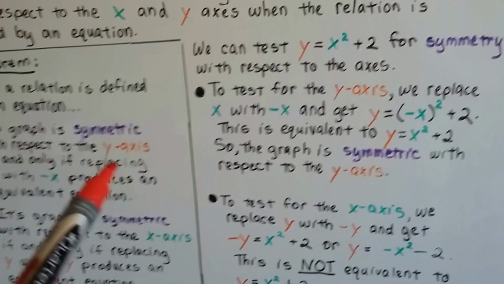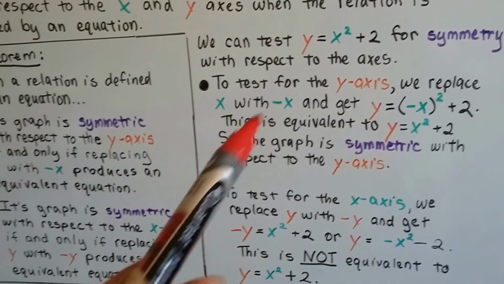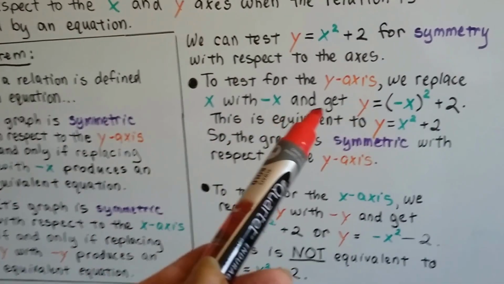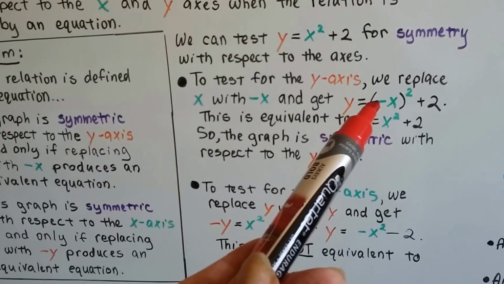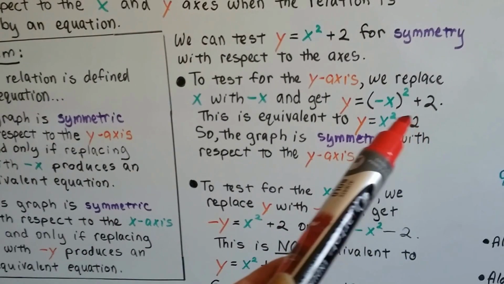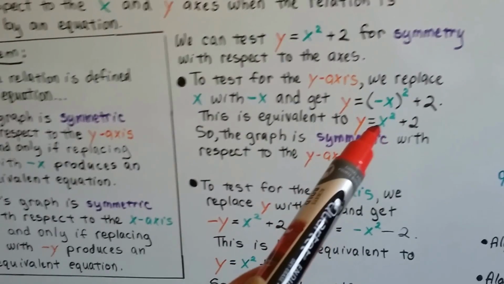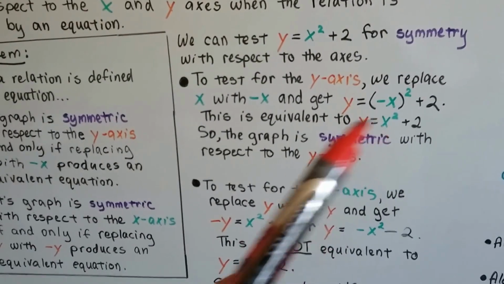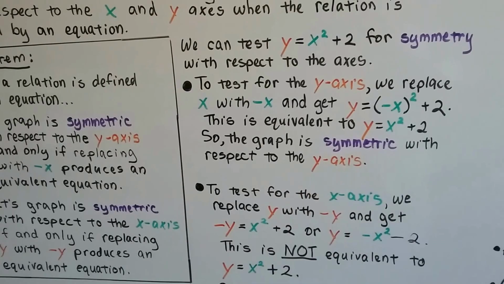So we're going to replace the x with a negative x, just like this theorem says. And if we replace x with negative x, we're going to get y equals negative x, squared, plus 2. And what happens when we square this? Negative x times negative x makes a positive x squared, doesn't it? So yeah, it is equivalent. So the graph is symmetric with respect to the y-axis.